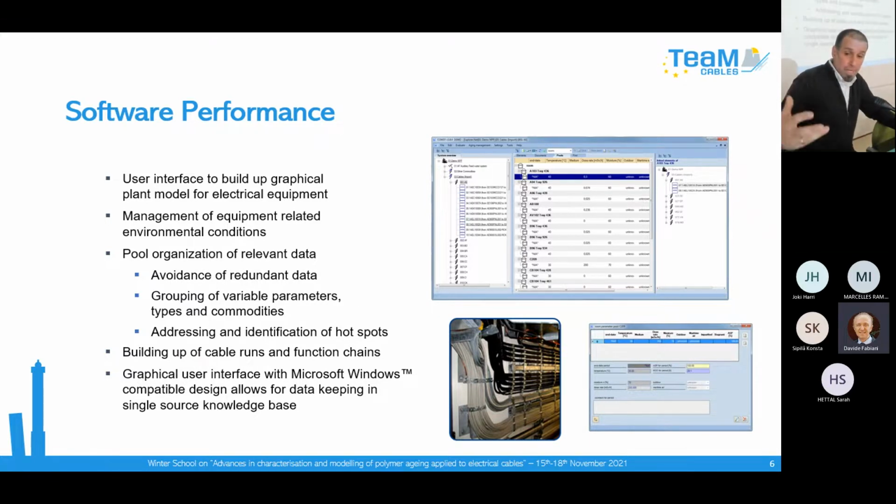And by this, we are able to treat 40,000 cables. The prerequisite is for sure that these cables are already entered, and the environmental conditions, the material conditions, our device library. This is a library giving material-specific data like activation energy, and so on.